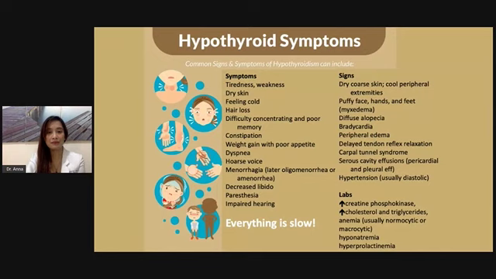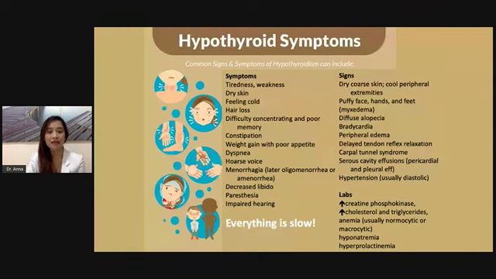So what are the symptoms of hypothyroidism? We mentioned earlier that the metabolism slows down. Everything is slow. So you will have low metabolism, and patients will feel tired and weak. They will have dry skin. They will feel cold because there's not much thermogenesis.